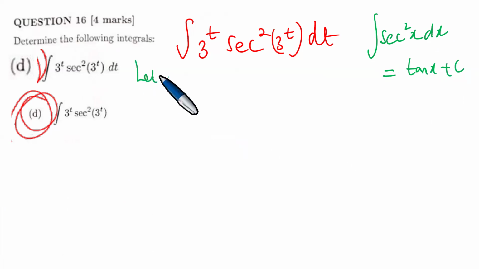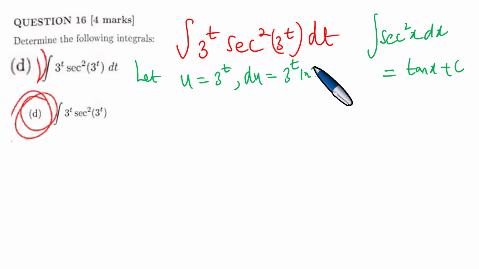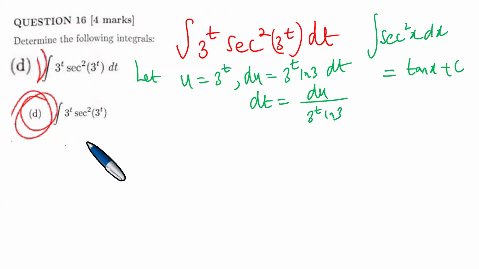So if we let u be 3 to the power t, then du is the derivative of this function, which is 3 to the power t ln 3, and then you put dt here. So at this point, you can make dt the subject. So dt becomes du divided by 3 to the t ln 3.